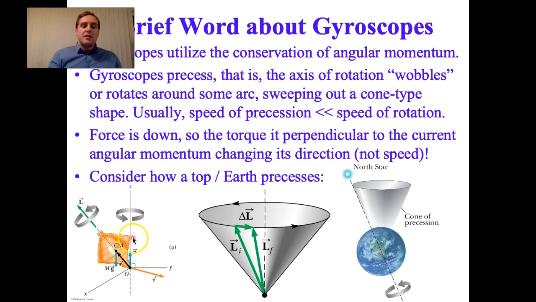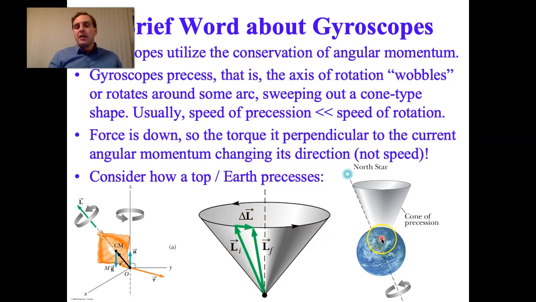This is the precession axis, shown here, Z, and here's the angular momentum axis of the spinning object. Notice that this will rotate around very slowly, and it'll sweep over some conical path. Notice that the change in the angular momentum vector is only directional. It's not changing the speed.